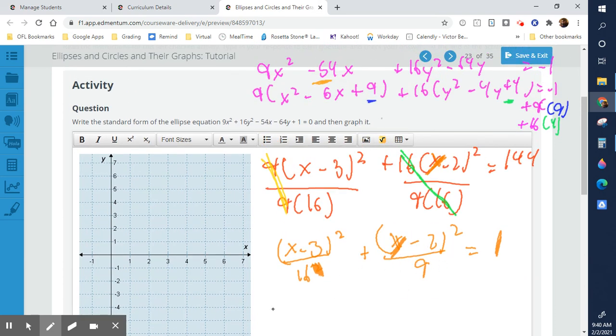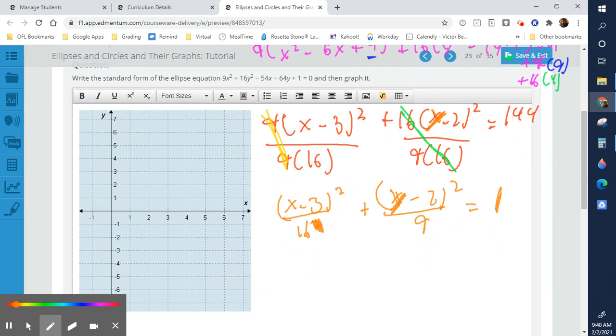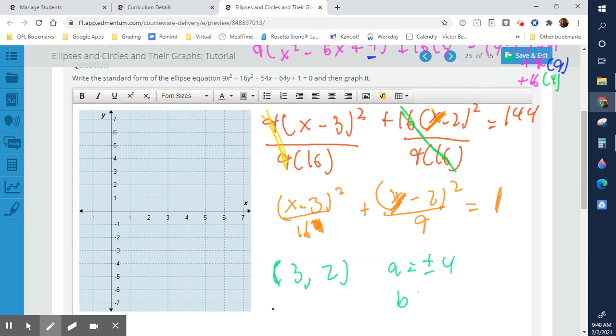So when I want to graph this, I have to identify that the center is 3 comma 2. A is equal to plus or minus 4, and my b is equal to plus or minus 3.